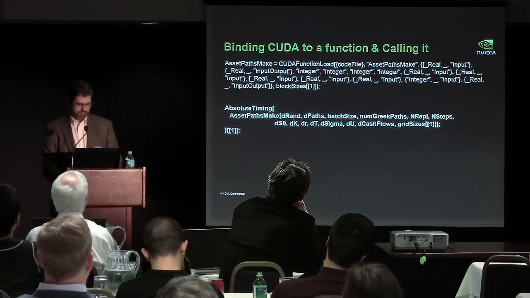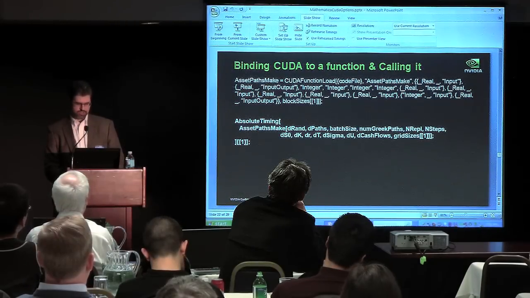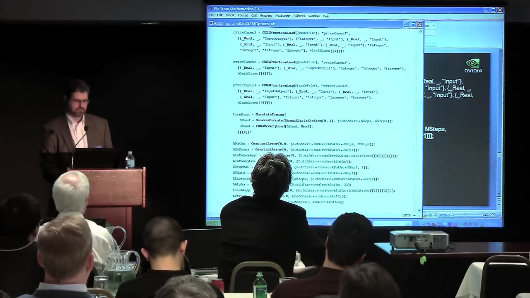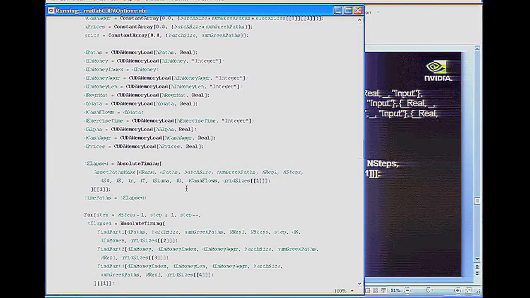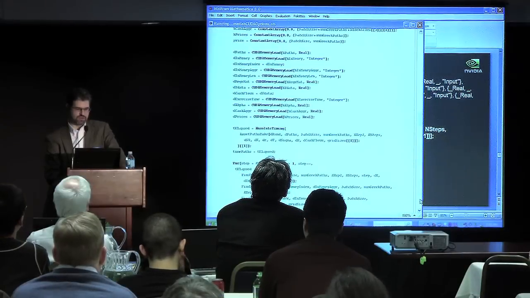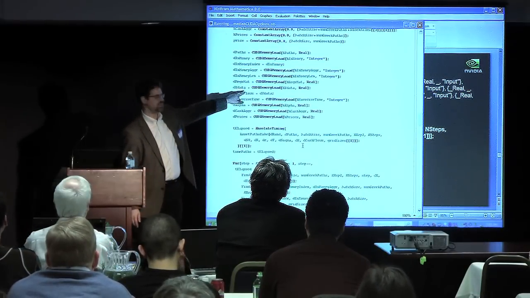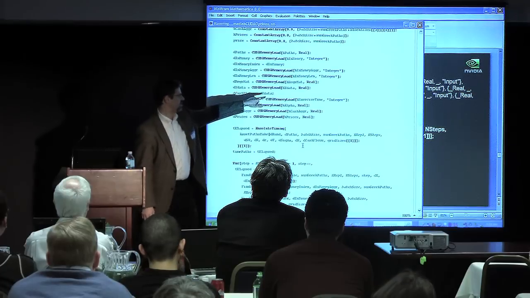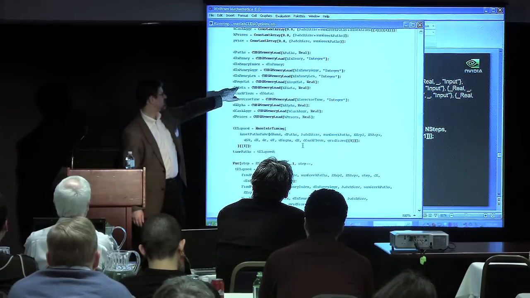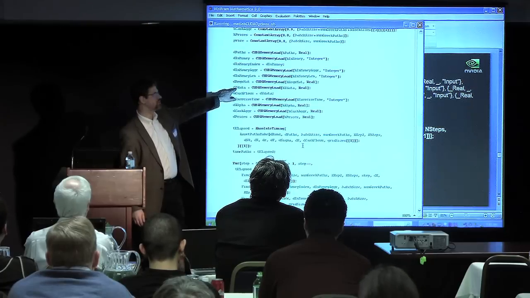I could show a real quick example of the actual code. It's not that bad. This is the code to load some code out of a file, pass it the name of the routine, tell it what kind of input and output it's going to take. And then when you want to call this stuff, it's fairly easy. Here, this CUDA memory load is explicitly moving this data from the CPU over to a structure on the GPU.